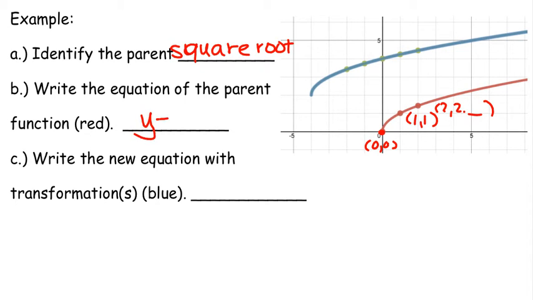So it's y equals the square root of x. Now we take our critical point 0, 0 and find our new critical point right here. And that point is negative 4, comma 2. So we're shifting, in this case, left 4 and up 2.